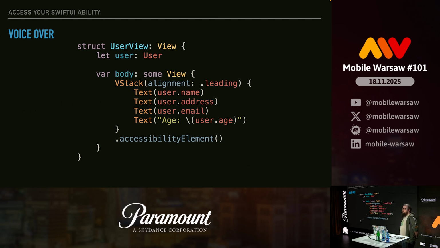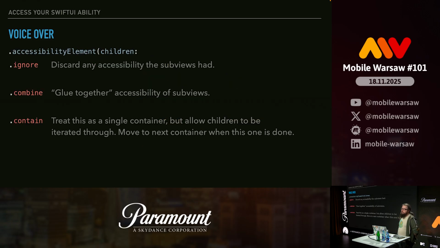So our user view can define its container to be a new accessibility element. And there is a hidden thing here, because by default, it will ignore your children. And ignoring children is not always a good idea. So you need to be aware of how you want the accessibility element to behave.